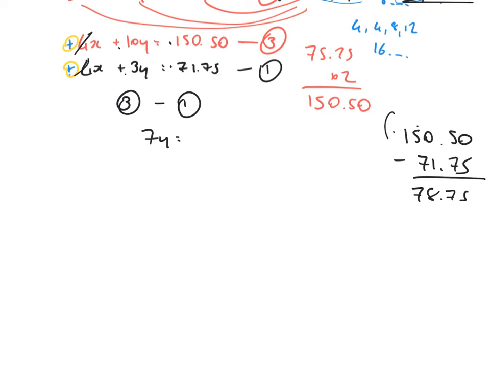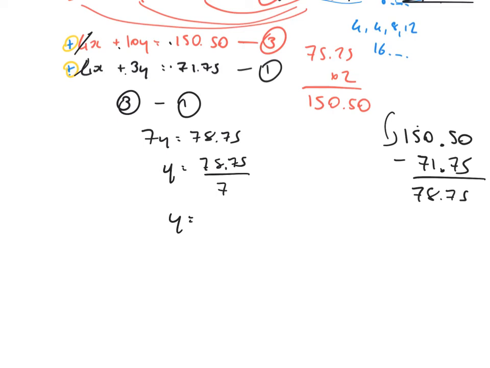You could go through the borrowing if you wish, if you find that easier. Just take your time, make sure you get it correct, and that will be £78.75. I'm then going to bring the 7 down and divide, and that's going to be £78.75 over 7.